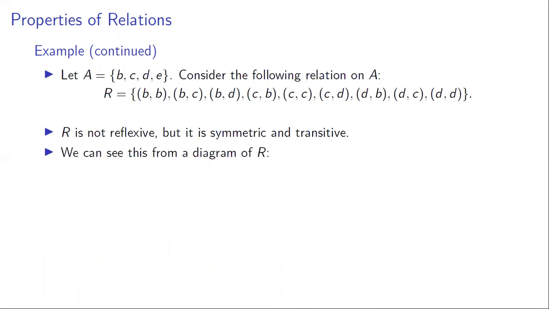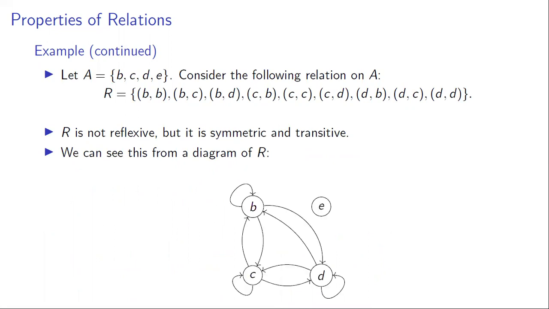And we can see this from a diagram of R. Here's a diagram of R. Notice we have 4 nodes because there are 4 elements of A. You can call each of these nodes a vertex if you wish. We draw an arrow every time there's an ordered pair.